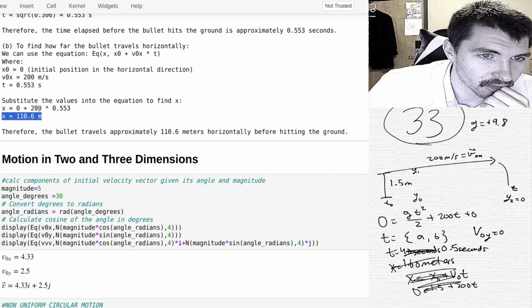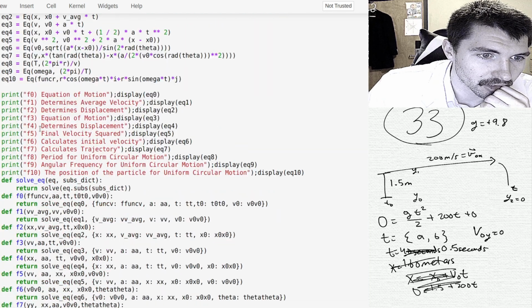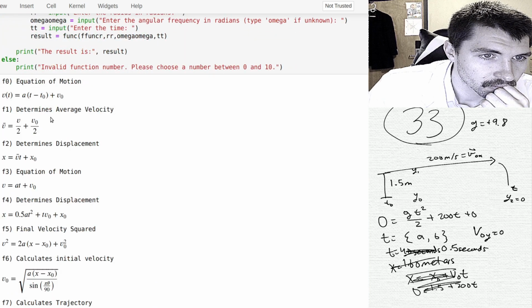This is T. This is VT, VT plus something. It's gotta be this one, right?